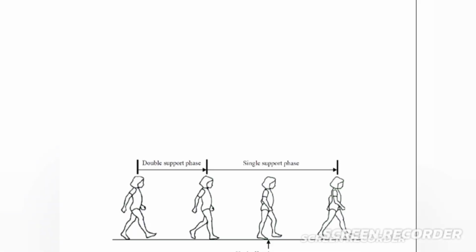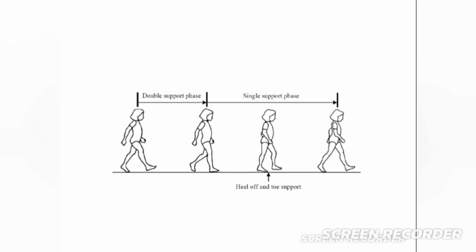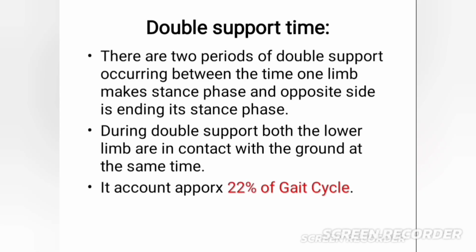Here in this figure you can see the first and the second person. When one limb is starting the stance phase and the other limb is ending the stance phase, and both limbs remain in contact with the ground, that is your double support phase. It is up to 22% of the gait cycle. So stance phase 60%, swing phase 40%, and double support time 22% of your gait cycle.